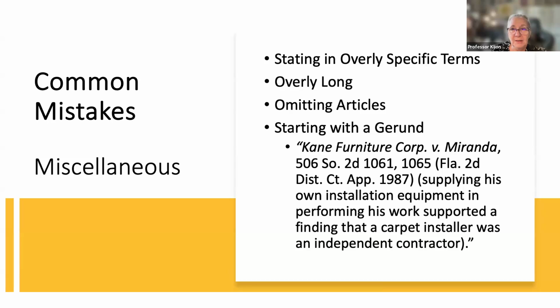Well, supplying is actually operating as the word supply. And in this example, you're talking about what the carpet installer was doing as opposed to what the court was doing. If you talked about the court and said, finding that because a carpet installer supplied his own installation equipment in performing his work, the factor supported a finding that he was an independent contractor, you would not have had the issue of using a gerund.